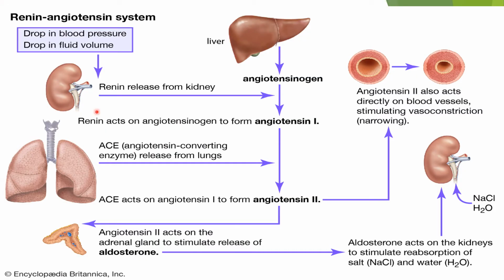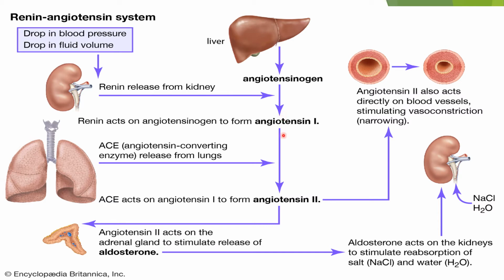Whenever there is a drop in blood pressure or hypoperfusion of the kidneys, it causes the release of renin from the juxtaglomerular apparatus of the kidney, and this renin converts angiotensinogen produced from the liver into angiotensin 1.